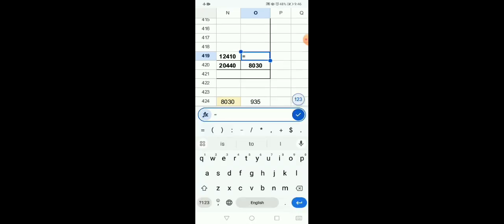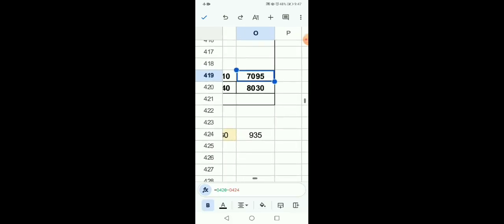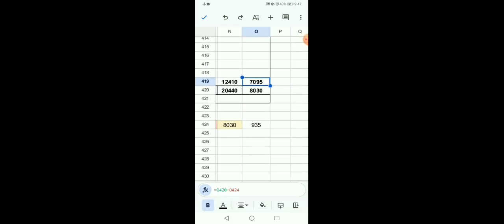How? 935 was the amount which you have drawn from the bank, and this is the amount 8,030, total amount deposited into the bank. When you subtract 935 from 8,030, it will show the amount which is not drawn from the bank, or the amount still present in your bank account. So this is your second balance which is associated with the bank.